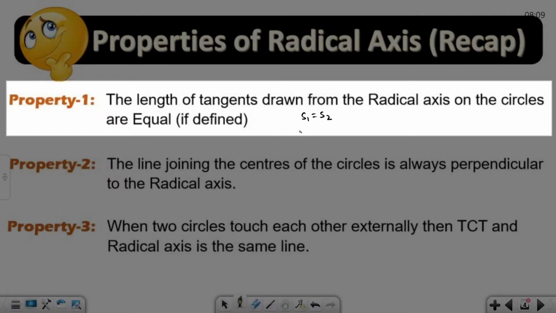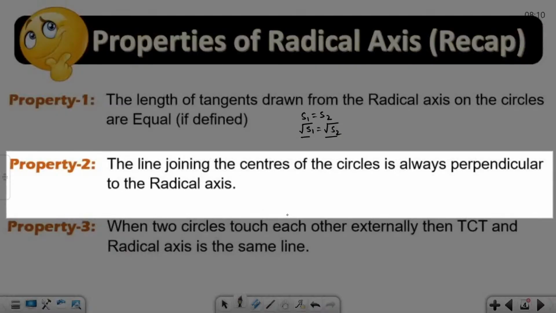So naturally, root S1 must equal root S2. And root S1 is the length of the tangent drawn from that point to the first circle, and root S2 is the length of the tangent drawn from that point to the second circle. Therefore, their lengths will be equal.